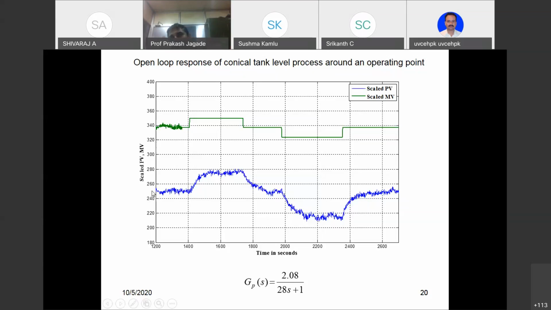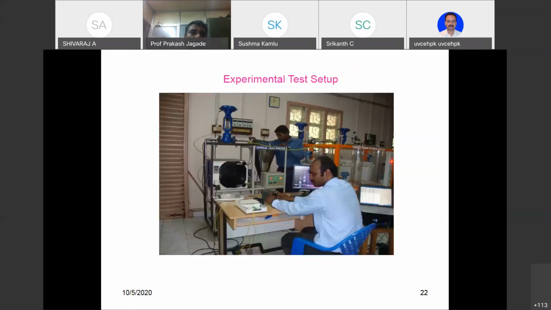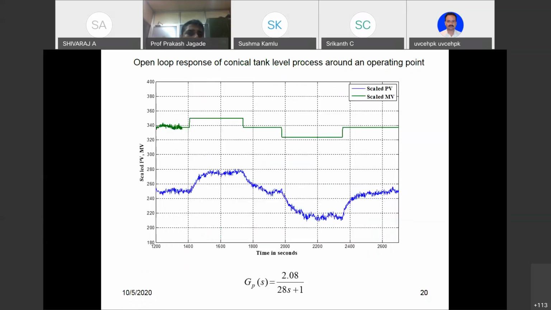It's a scaled value, on a scale of 0 to, I would say, 450. So we have selected the operating point to be 250 for the output and close to 340 for the input. The input is nothing but the controller output.